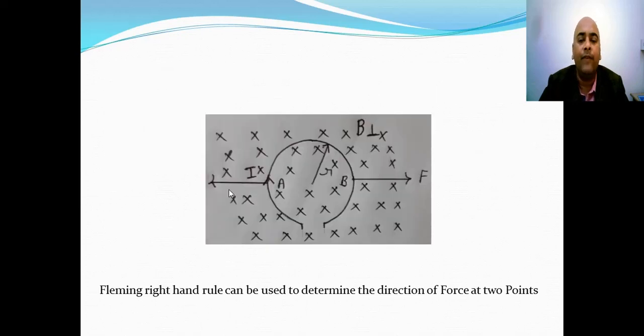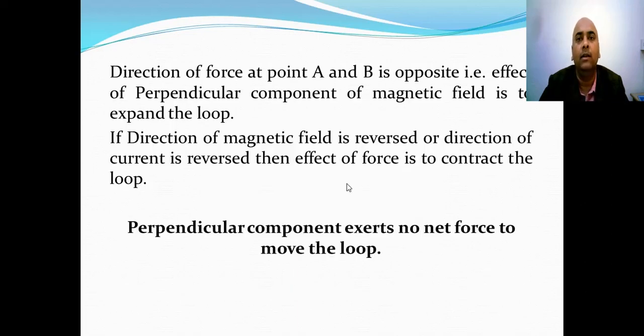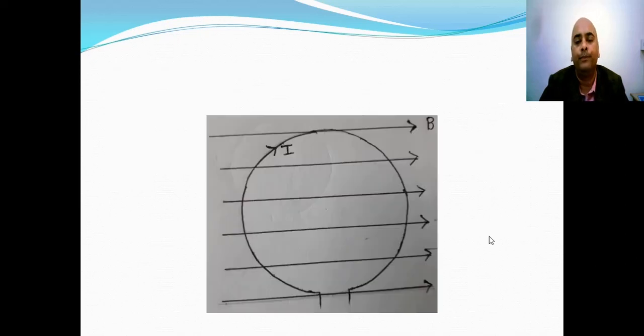That is, the effect of the perpendicular component is just to expand or contract the loop. However, the perpendicular component exerts no net force to move the loop, that is, the perpendicular component of magnetic field does not exert any torque on the loop.